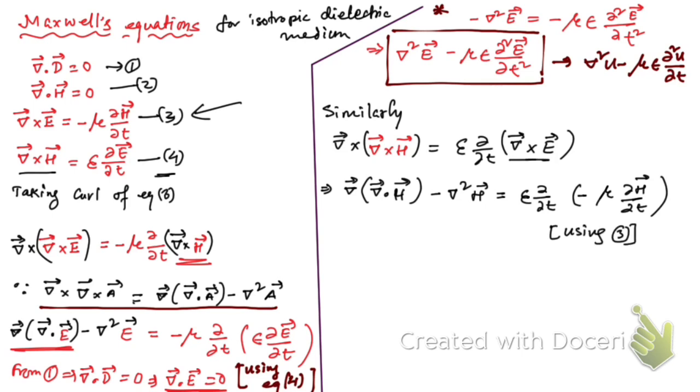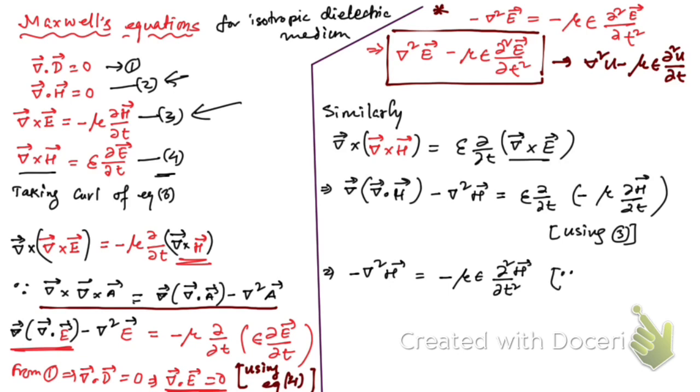So then again you see, if we use equation number 2, then this part is going to be equal to 0. So here we're gonna get minus Laplace operator H, then minus mu epsilon, and the second order derivative with respect to t of H vector.